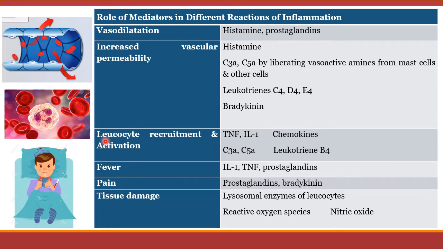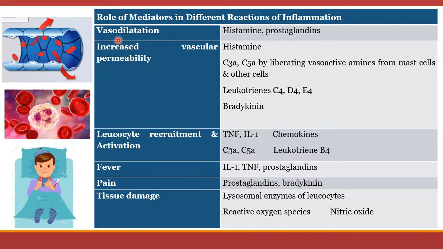We have also the leukocyte recruitment and activation. Acute inflammation is associated with fever and pain, and also it will show tissue damage. So each one of those steps or functions are associated with certain chemical mediators.